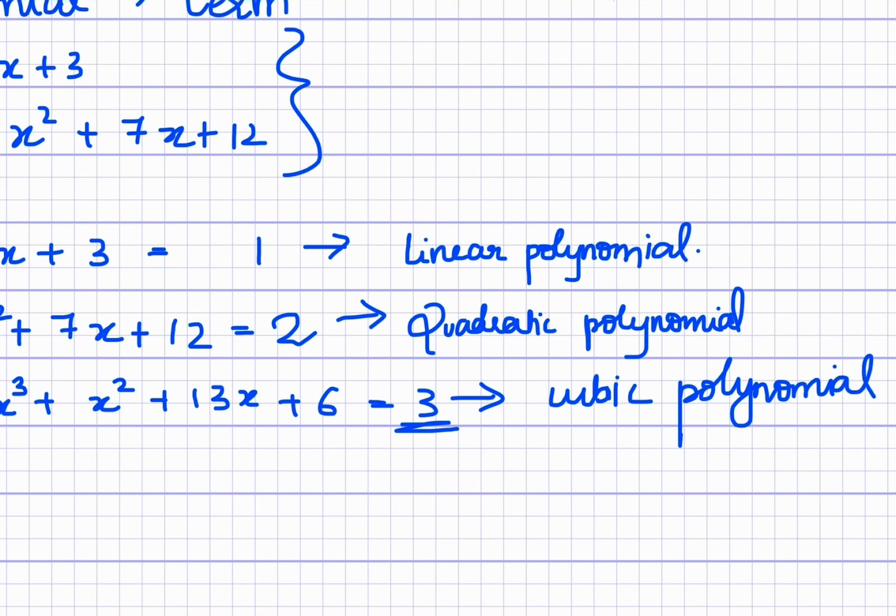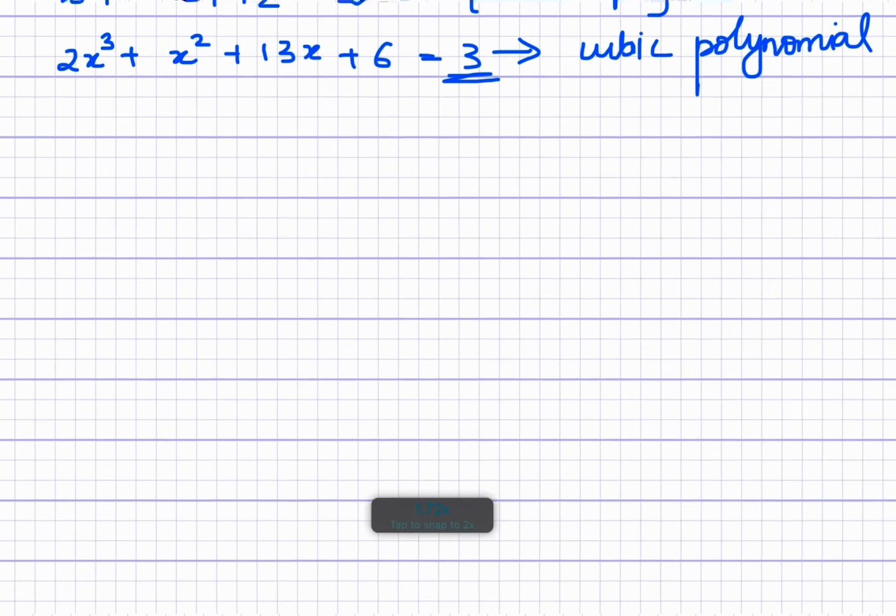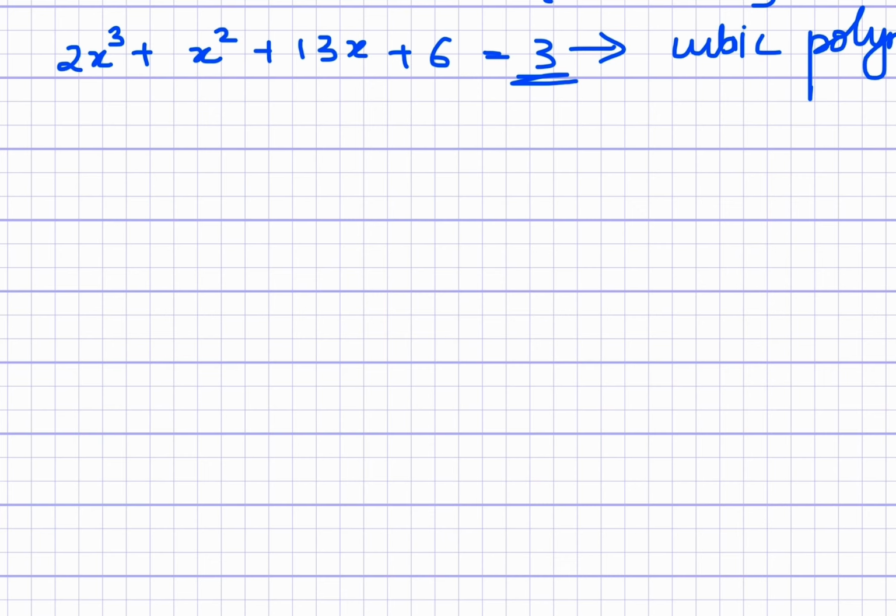Now we can talk about the zeros of the polynomial. Geometrically, the zeros of a polynomial are the points where its graph cuts the x-axis. For example, this is the graph.